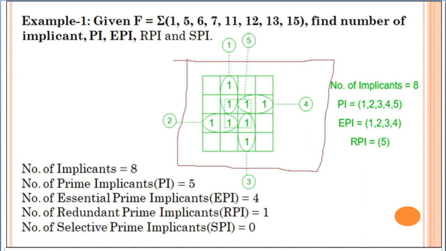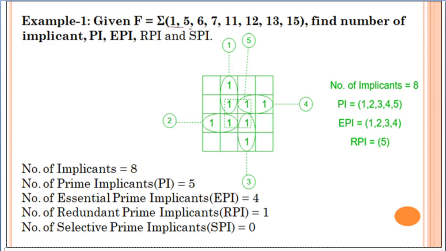Now we fill these given min terms into the K-map according to their identities. This is for 0, this is for 1, this is for 2, this is for 3, 4, 5, 6, 7, 8, 9, 10, 11, 12, 13, 14, and the last one is 15. Okay, and we fill these values.